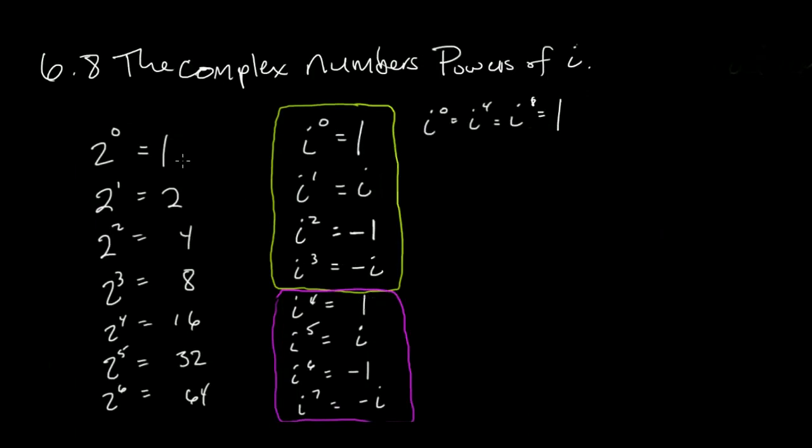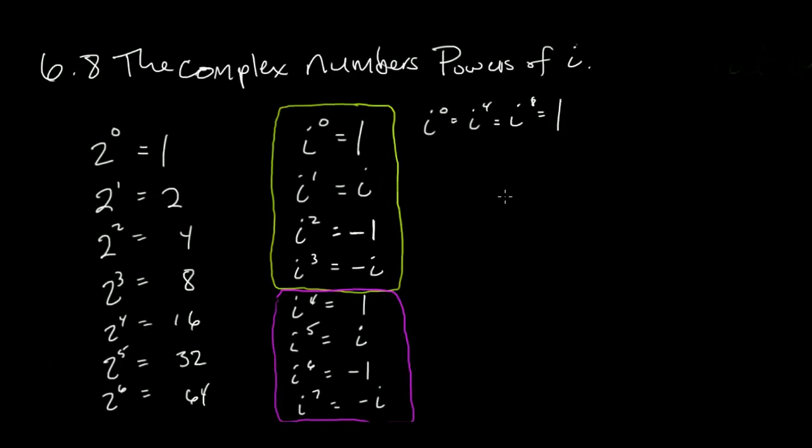Very different from the powers of 2, which keep growing consecutively. The powers of i grow to a certain point, and even they kind of bounce back and forth between growth and contraction, and they end up back at 1 and keep going from there. They just go in a phase of 4.